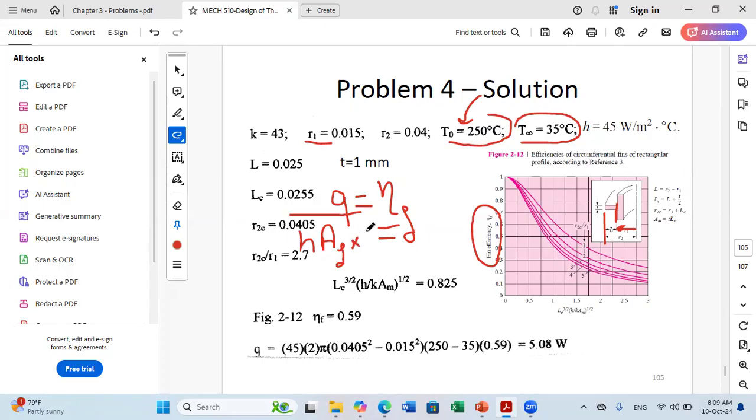Let us now determine these parameters. So we can say that Q is equal to the fin efficiency, to be determined from the graph, times the convective coefficient h, which is given, 45, times the frontal area of the fin.